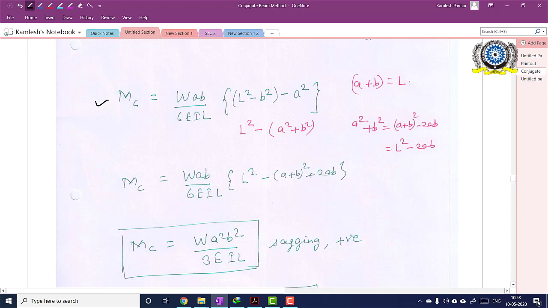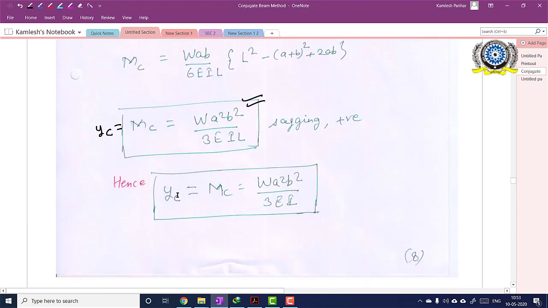So this is my answer, MC, and this MC will be equal to Y at C. So the deflection at point C is equal to the moment at C in the conjugate beam, and it is equal to WA square B square upon 3EIL. Okay, so I think this portion is clear to you. So the first part we have solved.